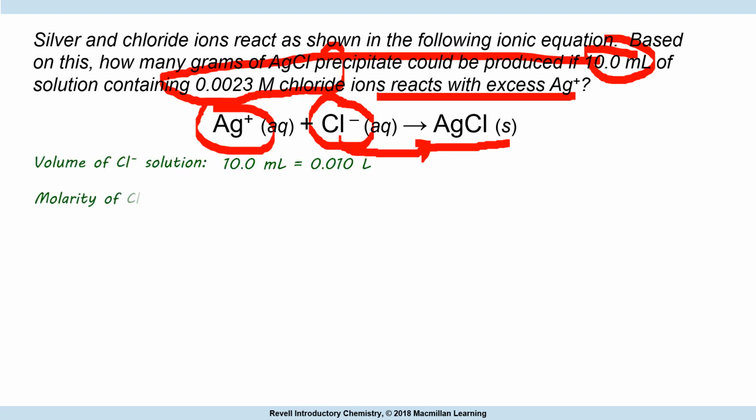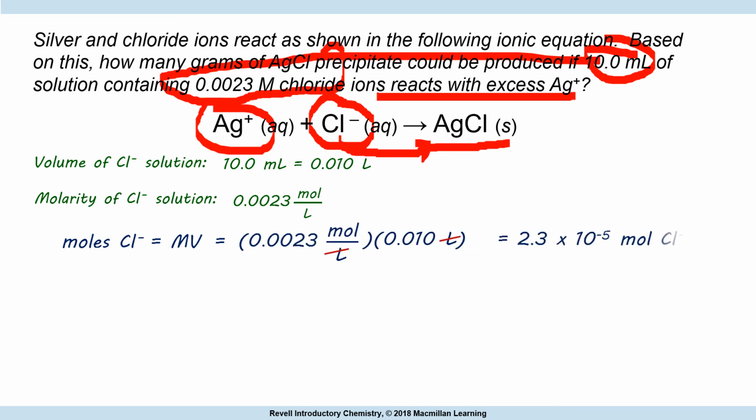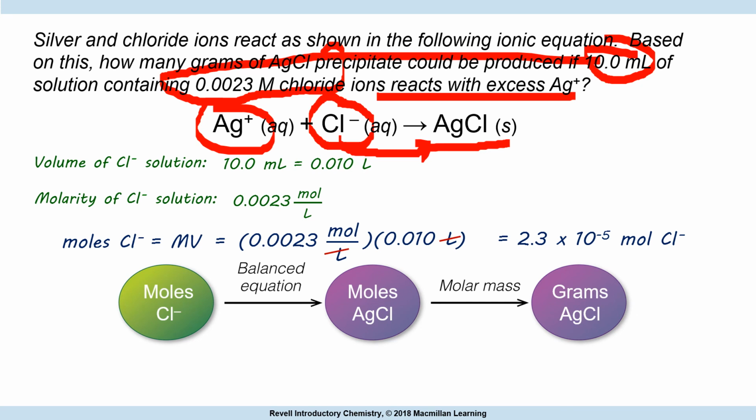So let's see the numbers here, and you could stop this and look at it a little more closely. You see you're doing dimensional analysis, you figure out the amount of moles of chloride, and finally go to grams of silver chloride, and we do that with molar mass. So you're going to have to get the molar mass of silver chloride. We add up from the periodic table the atomic mass of the silver and the chlorine, and that's written right there, 143.32 grams per mole.